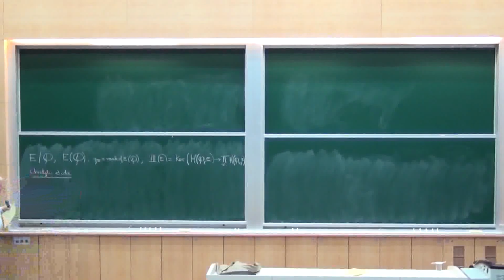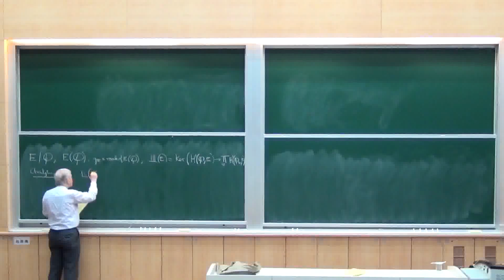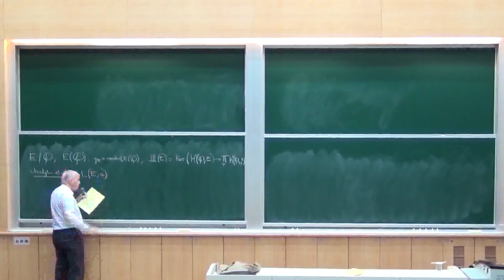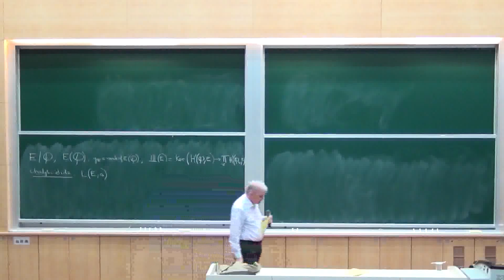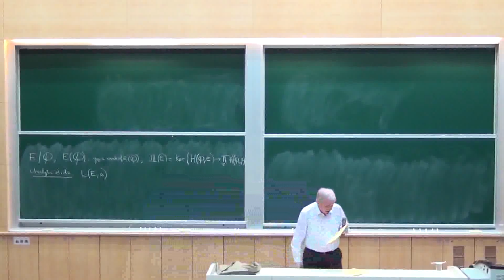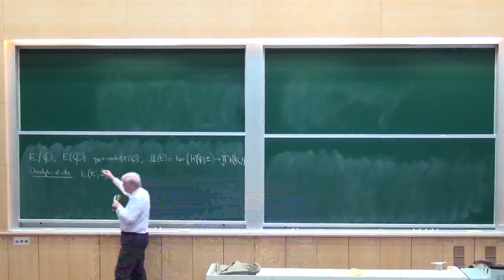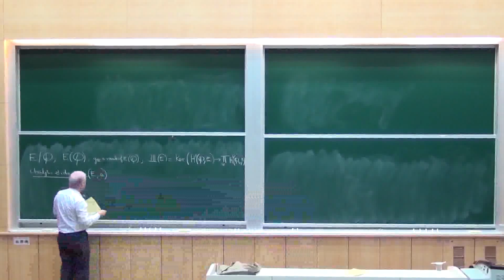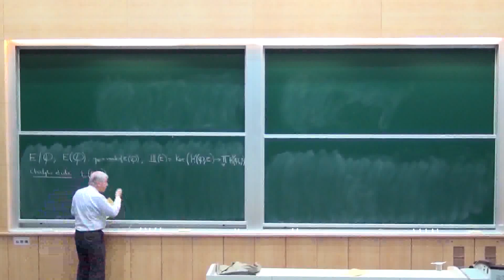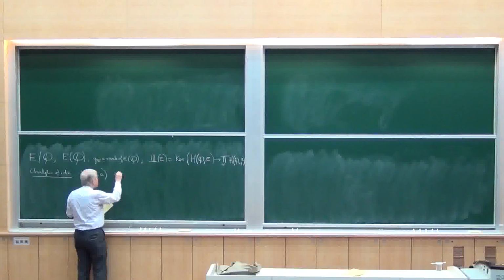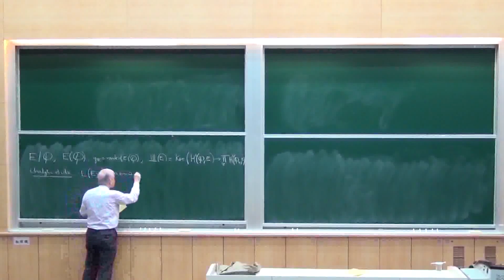And so I'm going to write L_E(s) for the complex L series of E. It's defined by the usual Euler product. I'm not going to write it down. And of course, after the work of Wiles and others, we know that it's an entire function now, and it has the usual functional equation relating its values at s and 2 minus s.